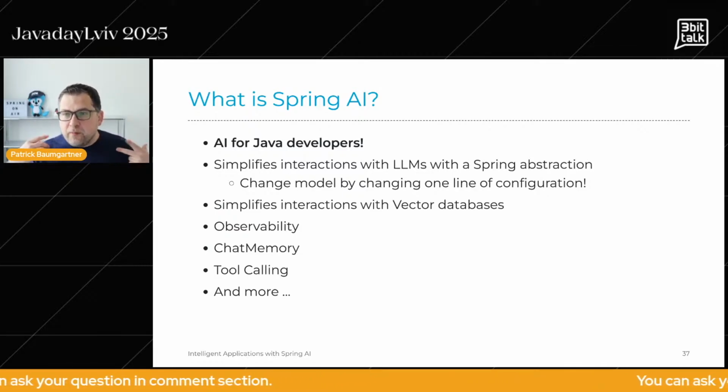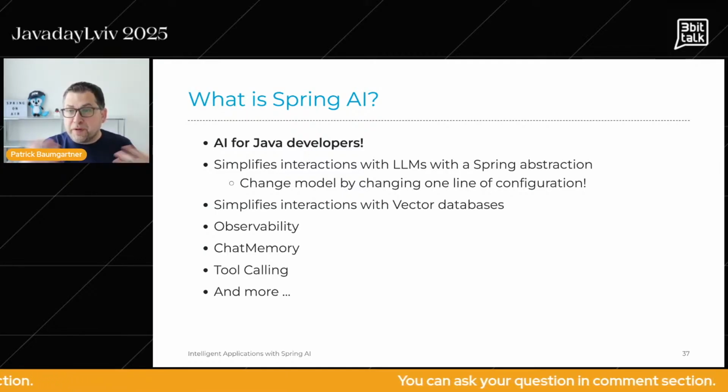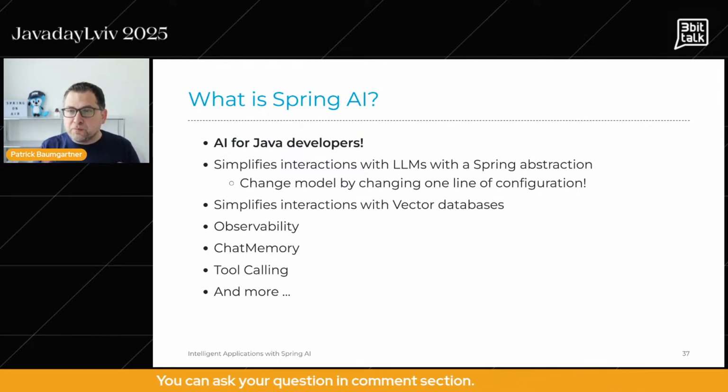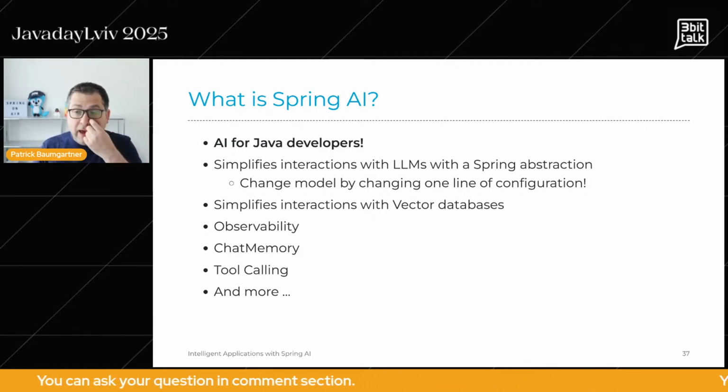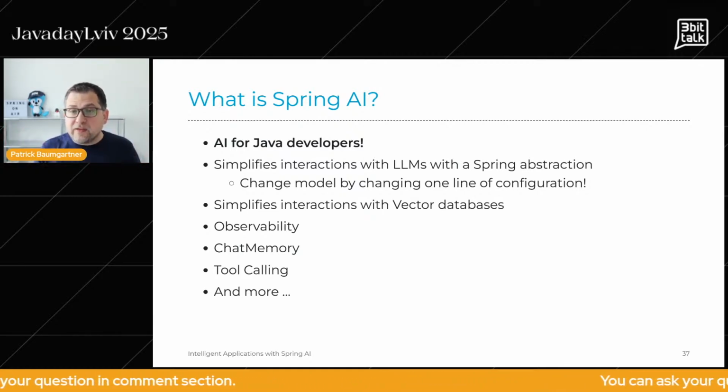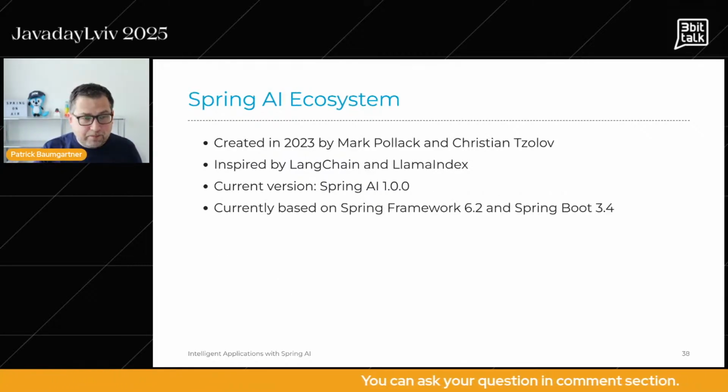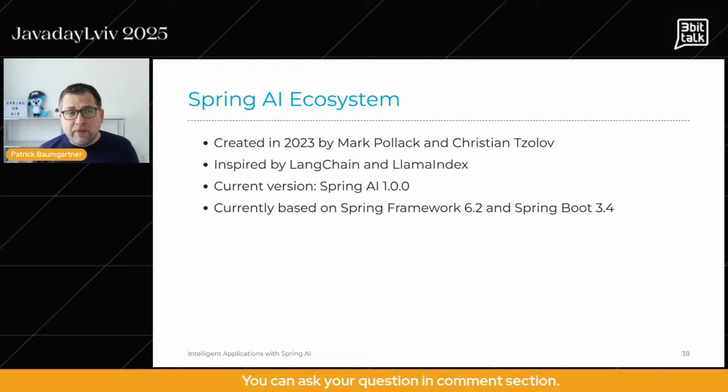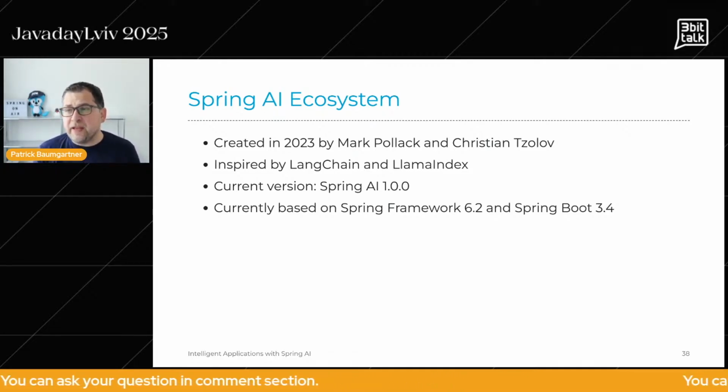But just from the perspective of how it should be done within a Spring project, with all these mental ideas, how Spring does things, and how Spring usually creates abstractions so that we could replace things quite easily, right? So Spring AI, you could say, is very similar in age to LangChain4J.